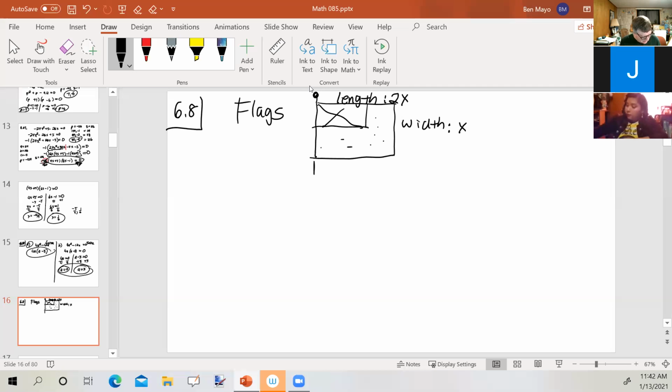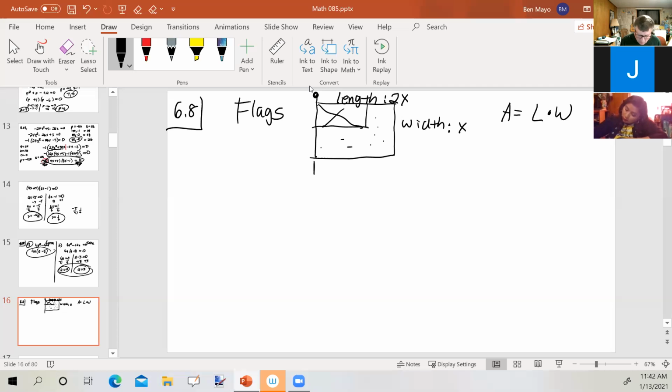All right. It says find the dimensions. So we want to find the length and the width of the Australian flag if its area is 18 square feet. Okay. We have a rectangle. The formula for the area of a rectangle is area equals length times width.